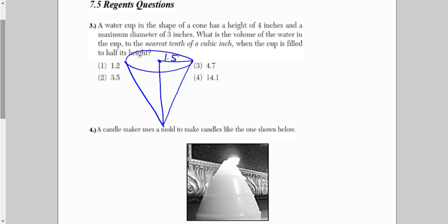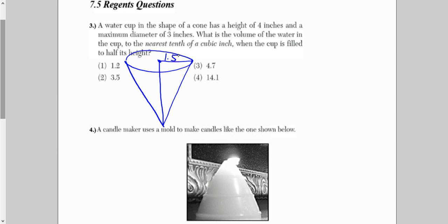What do I say changed as you fill the water up, farther and farther? We're talking about the cross sections being different, and what changed as you went up with the water level? The height, okay, that's true.